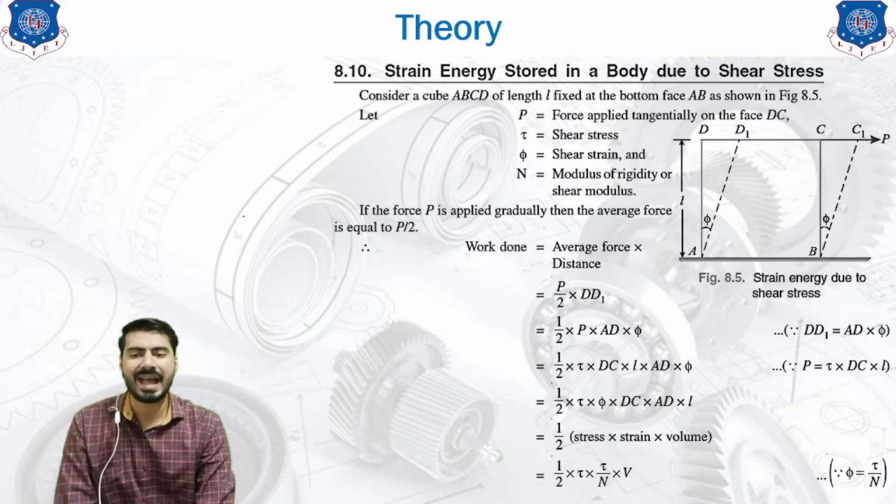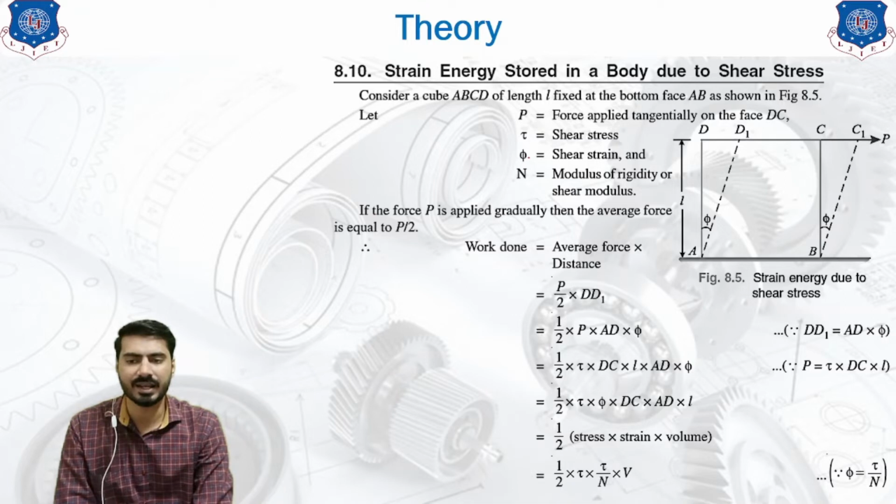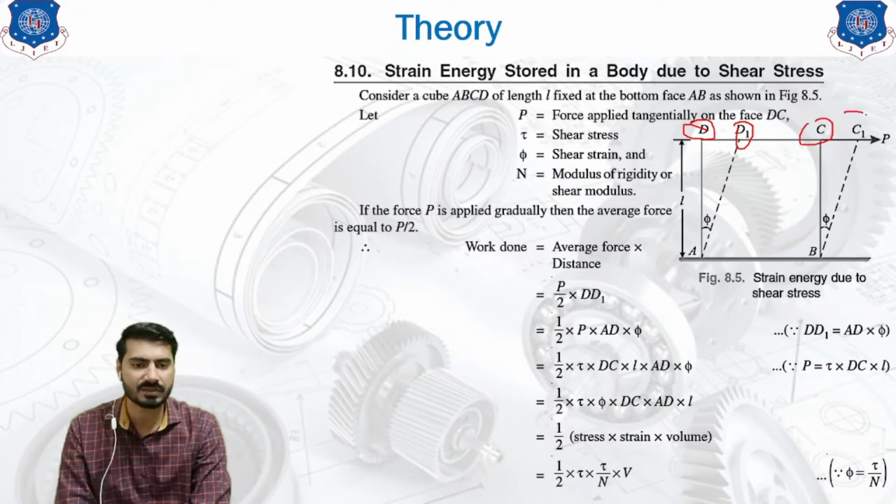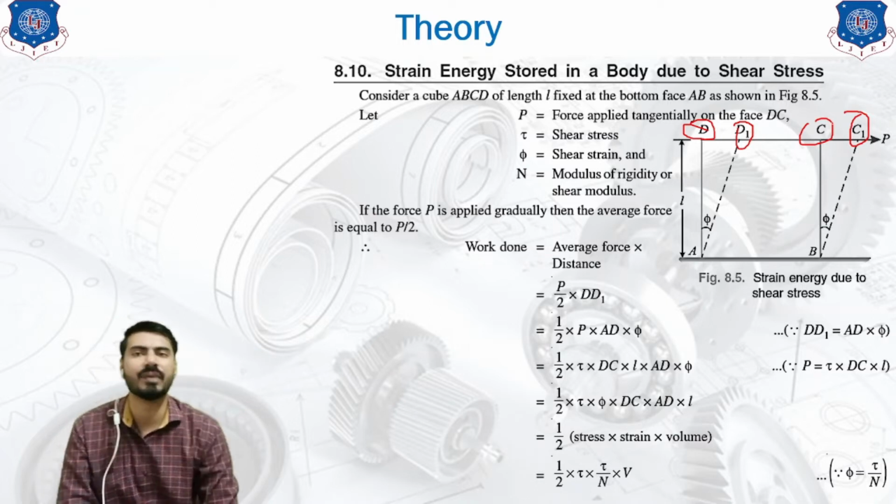The diagram indicates that this is the original point D, and its new point is D1. Similarly, it was at point C, and after applying the shear force, its new position is C1.